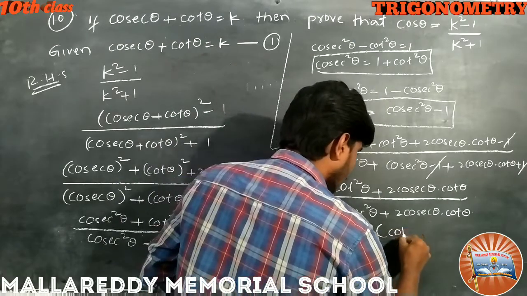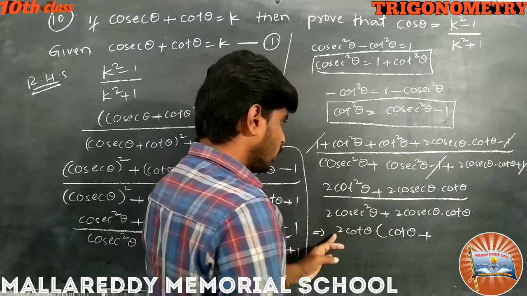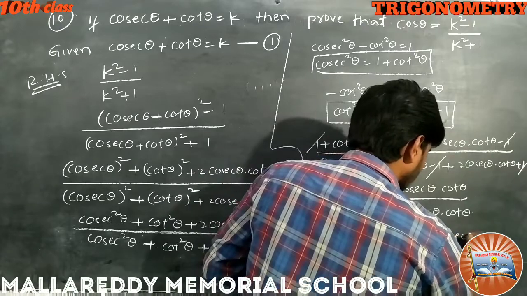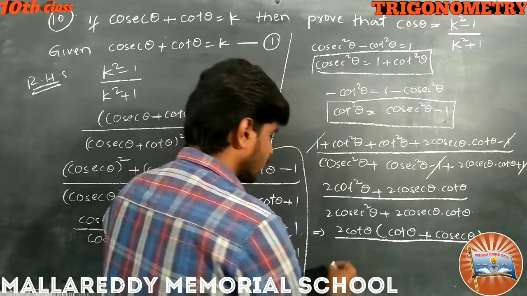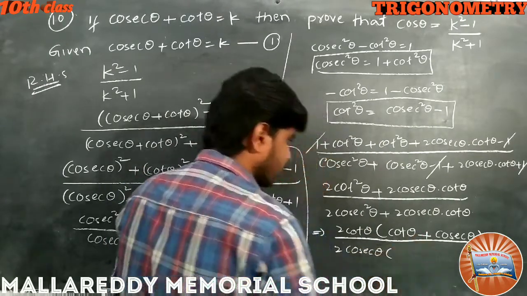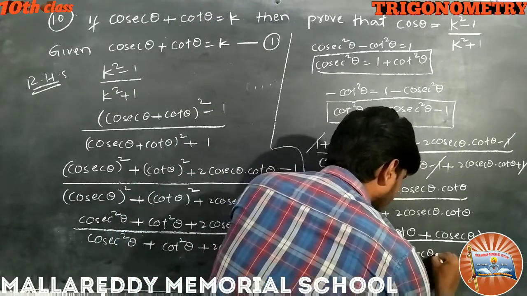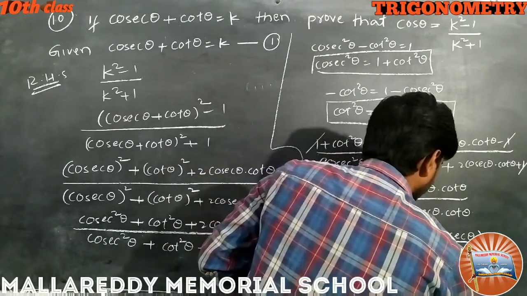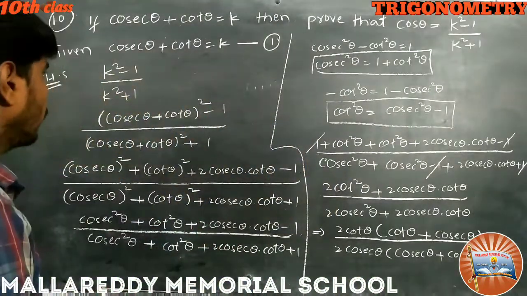What is the remaining here? Cot theta is remaining as it is, plus cosec theta is remaining, by, in here I am taking 2 cosec theta common. What is the remaining here? Cosec theta is remaining plus cot theta is remaining. Okay, right. So I am going to erase this.